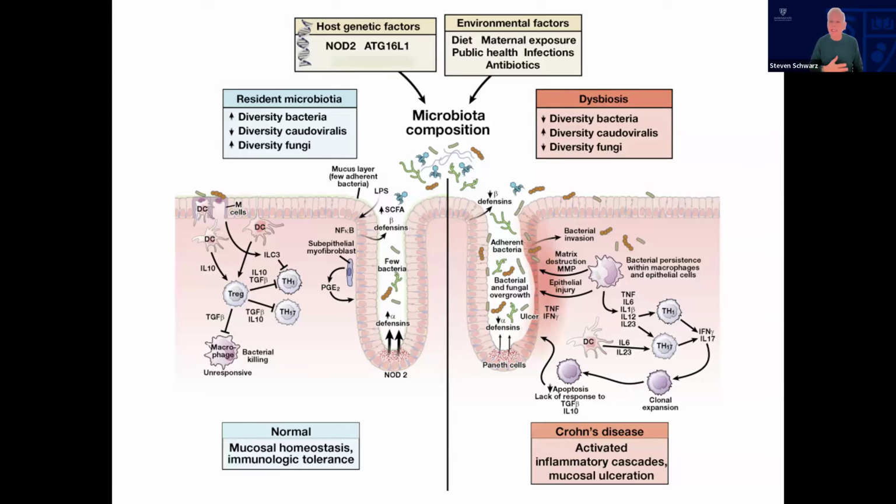And as a result, you get a dysregulated immune system, clonal expansion of those cells that produce pro-inflammatory cytokines and chemokines, and you can develop, in this case, Crohn's disease, where you have an activated inflammatory cascade leading to mucosal ulceration. And we'll talk about all of these elements as the lecture goes on.